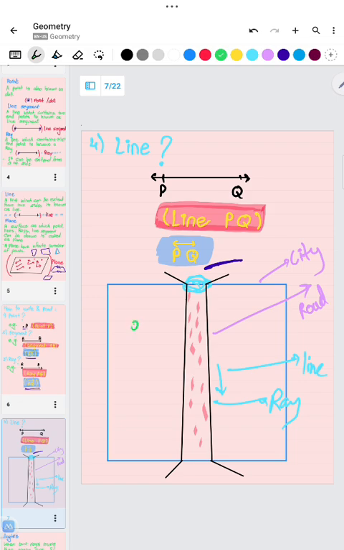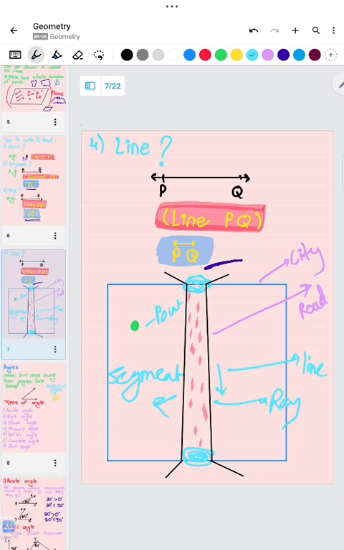Then if there is construction on both sides of the road, then this is acting as segment. Segment has two endpoints. This is one endpoint and this is the second endpoint. And if there is no construction downward, then it acts as ray. In this example, all concepts of our geometry are coming.